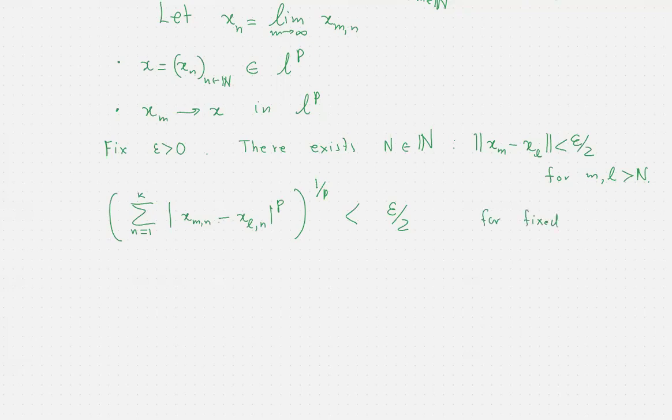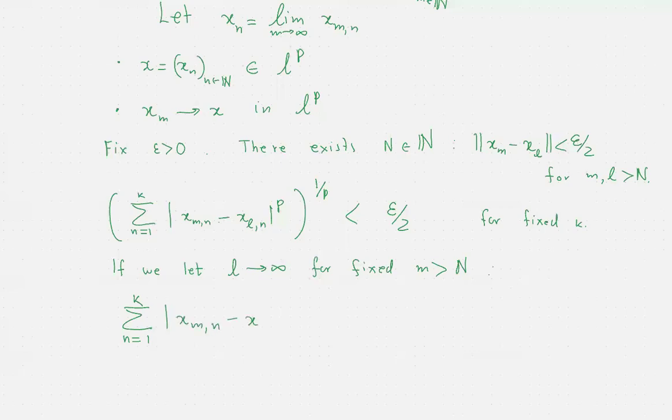So now the trick is to pass to the limit as l tends to infinity. So if we let l tend to infinity for fixed m, which is greater than N, then what we will have is that the sum from n equals 1 to k of |x_{m,n} minus x_n|, where x_n is the limit of x_{l,n} as l tends to infinity, to the pth power all raised to the 1 over p is less than or equal to epsilon over 2.